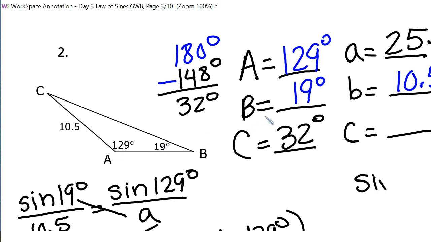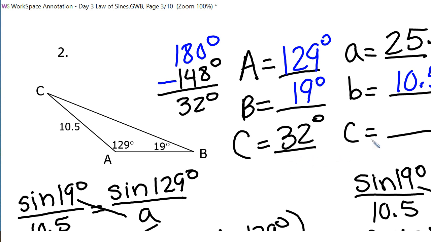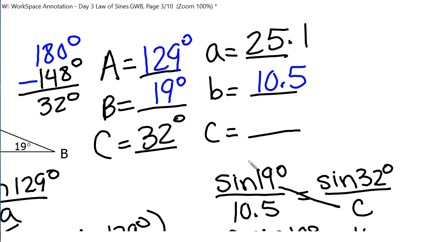Okay, so now we need to do sine of B and sine of C. So this would be sine of 19 degrees over 10.5. And now we need to do sine of C over side C. So this would be sine, and C is 32 degrees over side C. Cross multiply, that gives us C times the sine of 19 degrees is equal to 10.5 times the sine of 32 degrees.